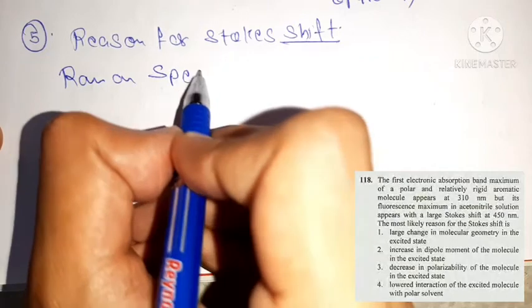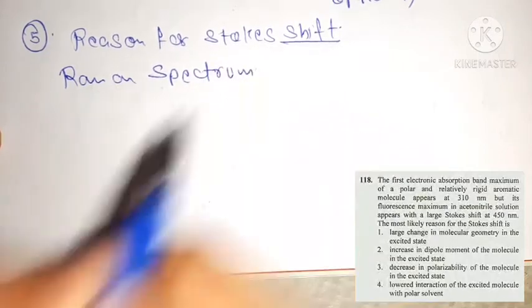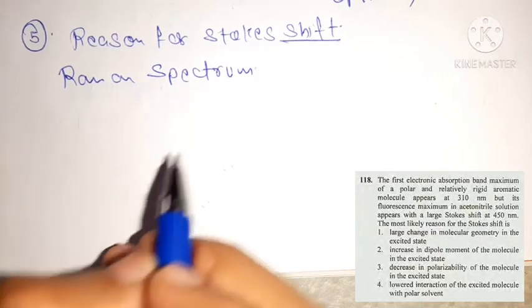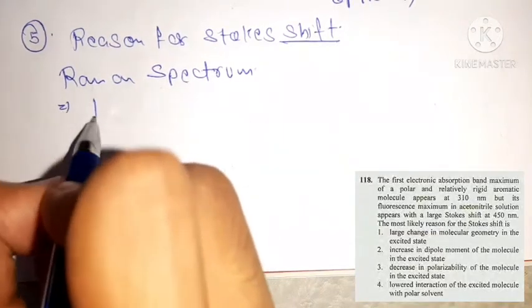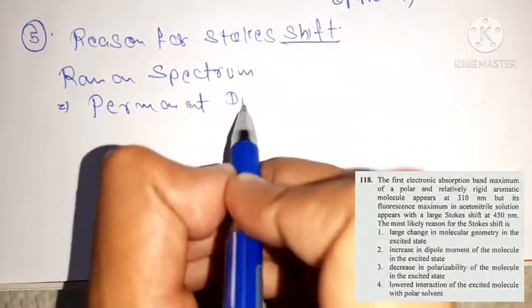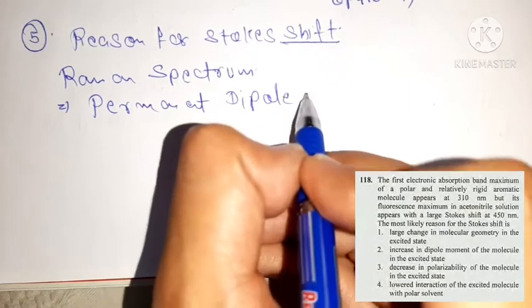A Raman spectrum will be shown by those molecules which have permanent dipole moment. You know very well, those molecules which have permanent dipole moment will show Raman spectrum.